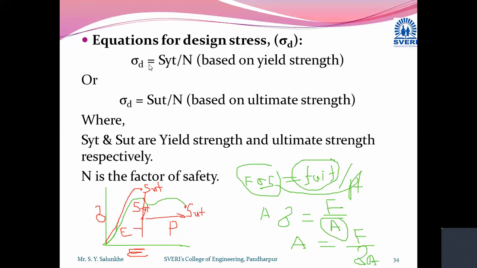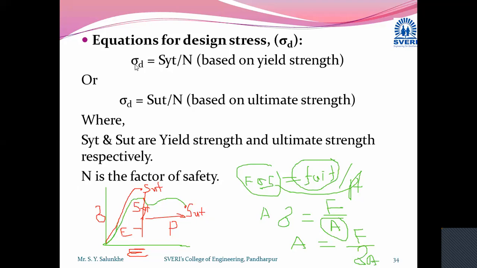So the design stress for ductile materials is considered as SYT divided by factor of safety. And for brittle materials, it is considered as SUT divided by factor of safety, where SYT and SUT are yield strength and ultimate strength respectively. We are not going to consider the ultimate tensile strength for ductile materials; that you consider for brittle materials. And N is the factor of safety.